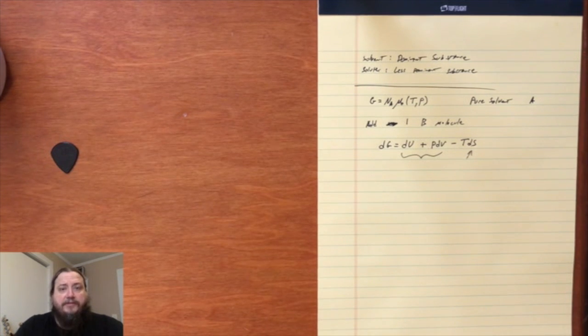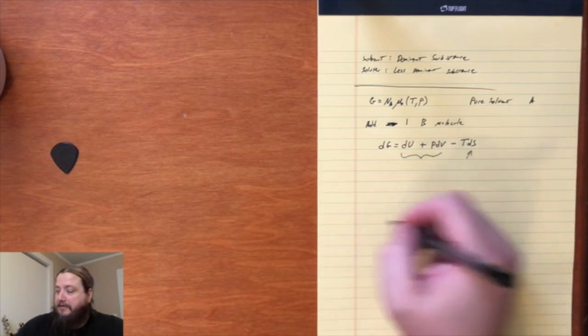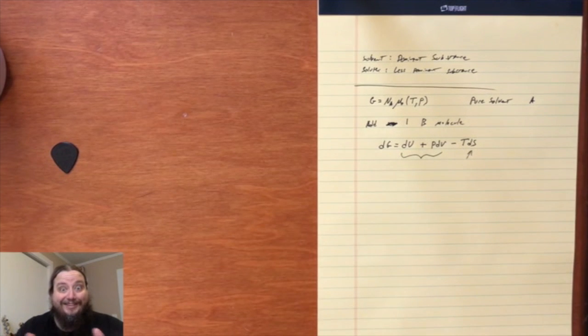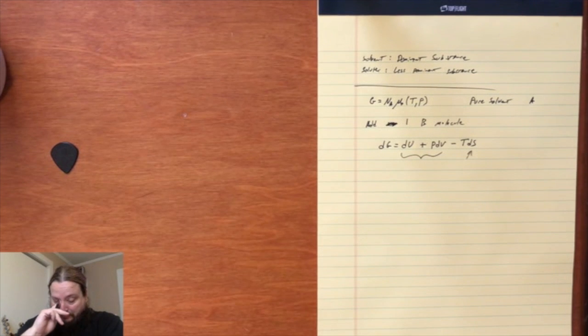And obviously, if we're going to have a system of sites for molecules to go in this solvent, then the multiplicity, or the number of choices that we have in where we put our one B molecule, will be proportional to the total number of solvent molecules.